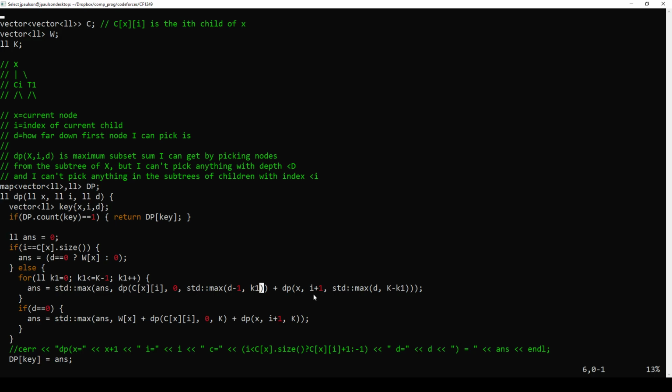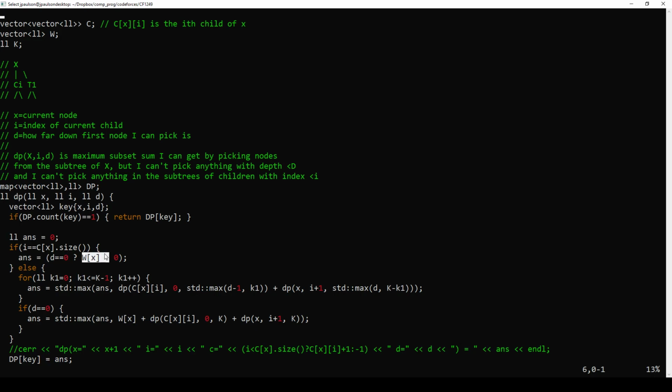Okay, so let's actually try and figure out what our bug is. Okay, so the DP stuff is fine. So it's in here. So what are we saying? We're saying if we're done with all the children, then the only thing we could possibly do is pick the current node, which we can only do if we have no restriction, d is 0.